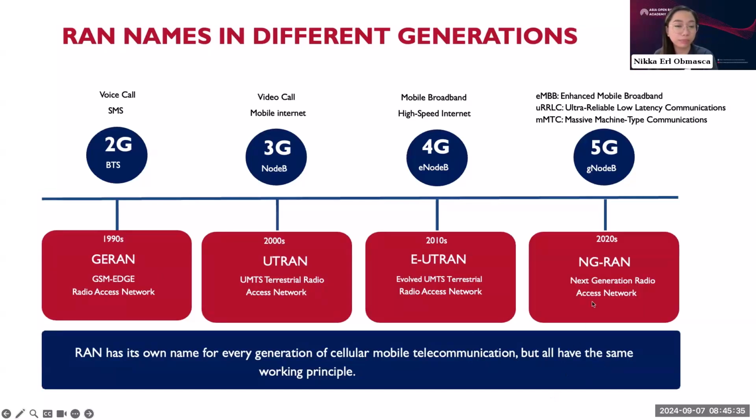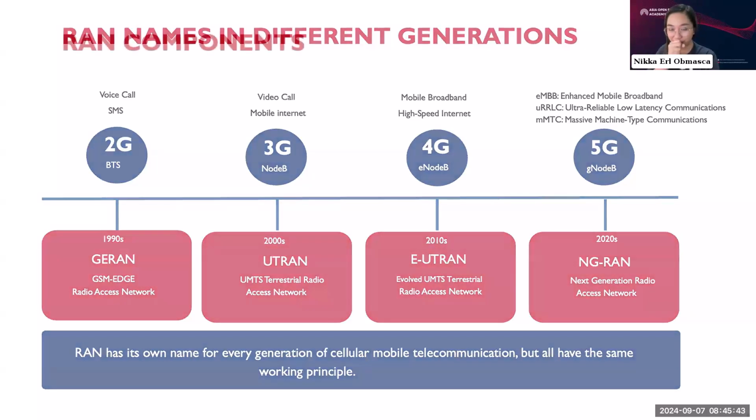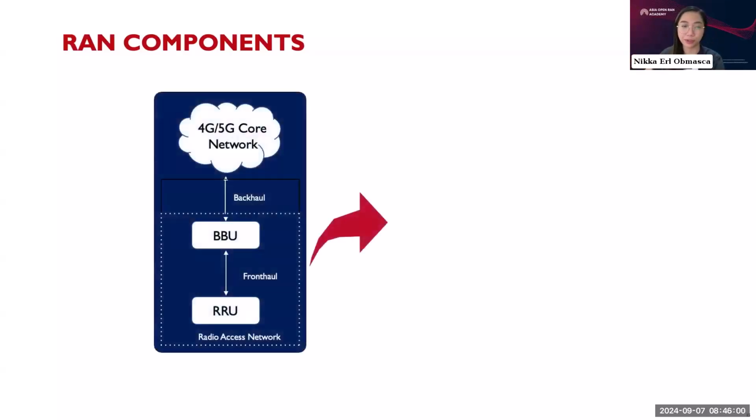Pero these different RANs have the same working principle. And different names lang, pero same. Okay. So knowing what is a RAN, ngayon naman, i-break down natin kung ano-ano ba yung meron sa isang radio access network.